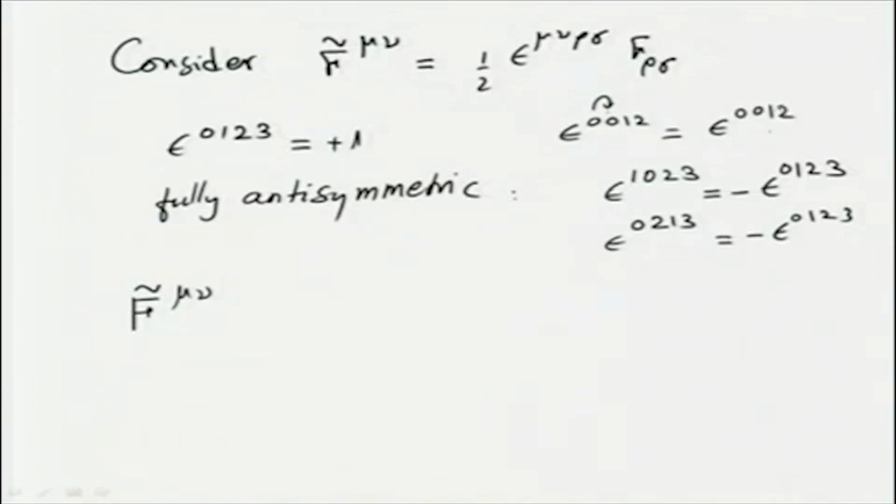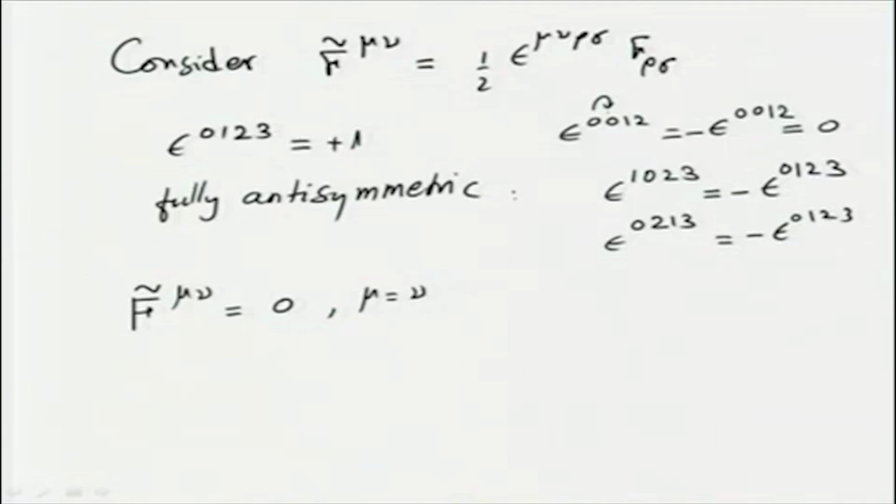But we already said that interchanging any two should give you a minus sign. So, the only consistent solution is 0. There is no other way; the only way is to set it equal to 0. Therefore, F tilde mu nu is equal to 0 for mu equal to nu, and it is antisymmetric with the interchange of mu nu, because epsilon mu nu rho sigma is antisymmetric with the interchange of mu nu.